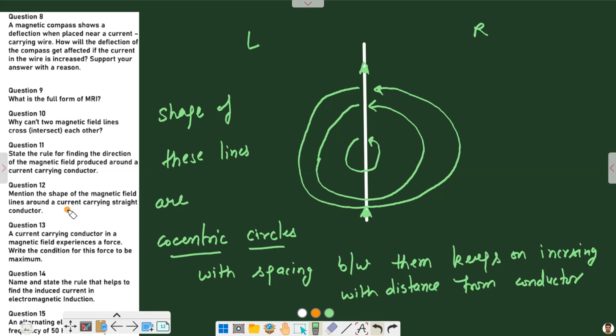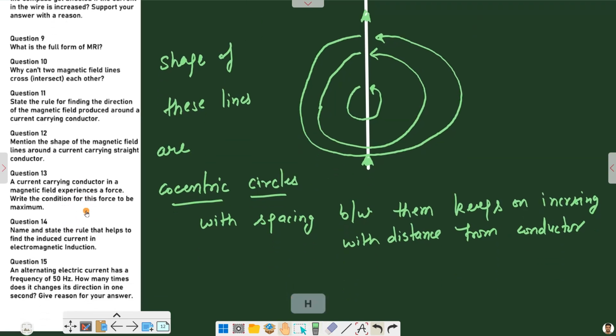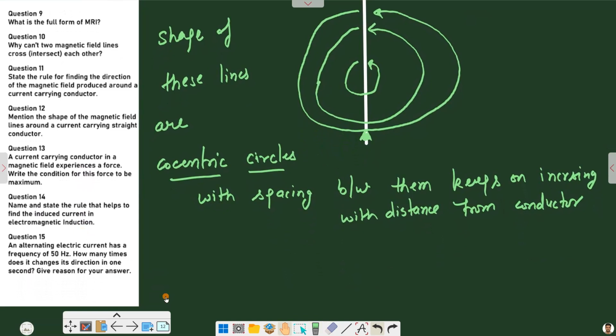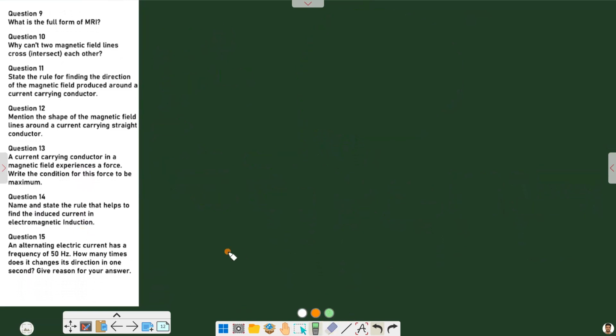So with this, question number 12 is complete. Moving to question number 13. A current carrying conductor in a magnetic field experiences a force. Write the condition for this force to be maximum. We know that the force experienced by a current carrying conductor is given by BIL sine theta.